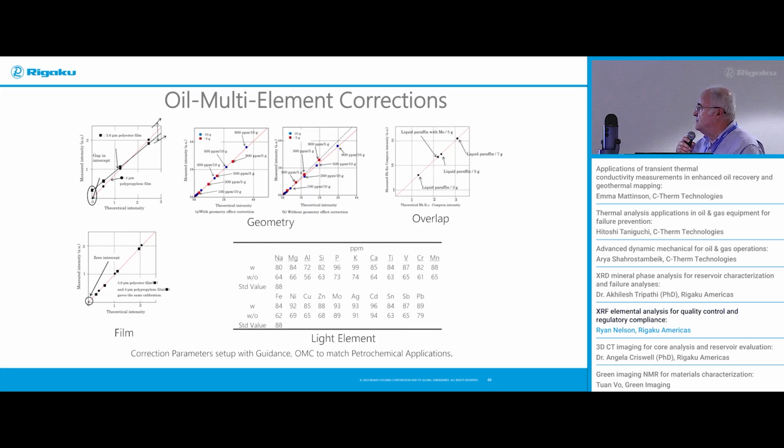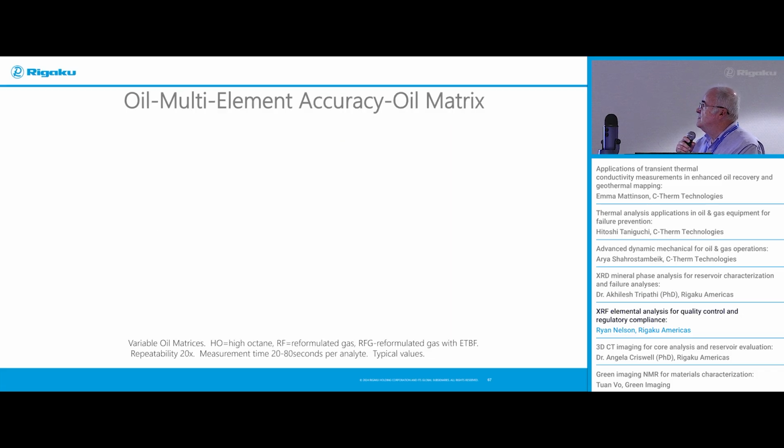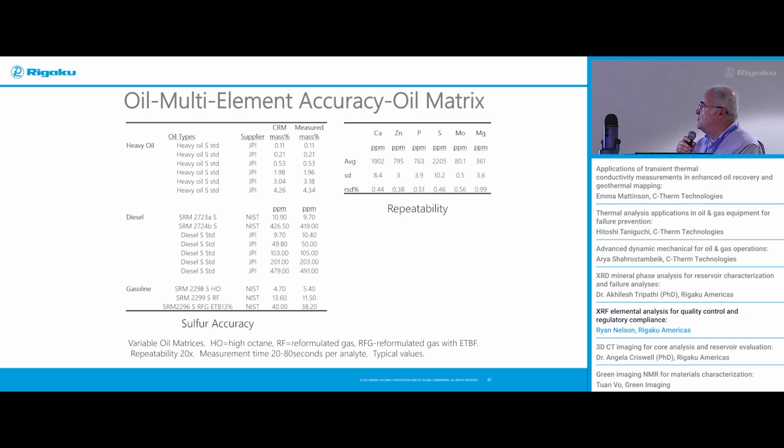Then you end up with a pretty good value in ppm here. Without and with, you can see the difference in accuracy. So very good with, without, very poor. So that's usually required. Oil matrix again, very good. Heavy oil, diesel, gasoline. Repeatability, it's also very good.